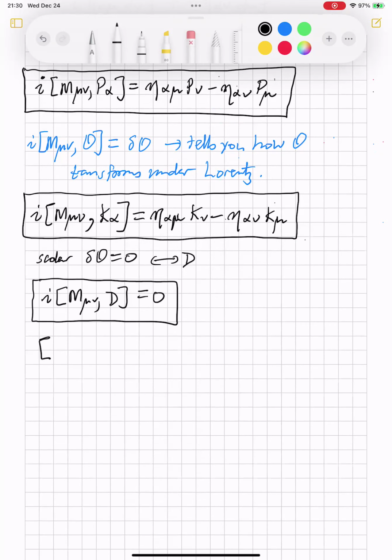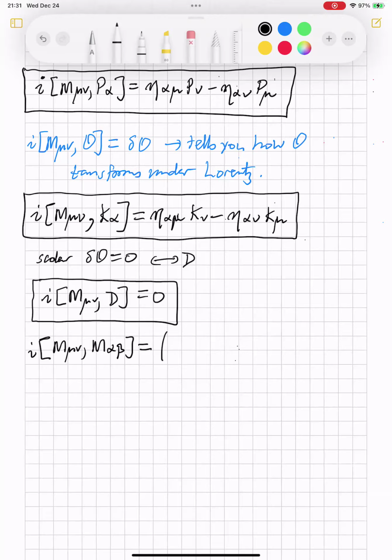And then finally, we've got one more commutator that we want to consider. We could consider i M mu nu, the Lorentz generator again, but now we'll let it act on M alpha beta. One of the things that I'm sure you saw in your course on special relativity is that each index on a tensor transforms in exactly the same way. So if we look at how M alpha beta transforms under a Lorentz transformation, we can first leave the index beta alone and transform the alpha index, and then leave the alpha index alone and transform the beta index. So first let's transform alpha.